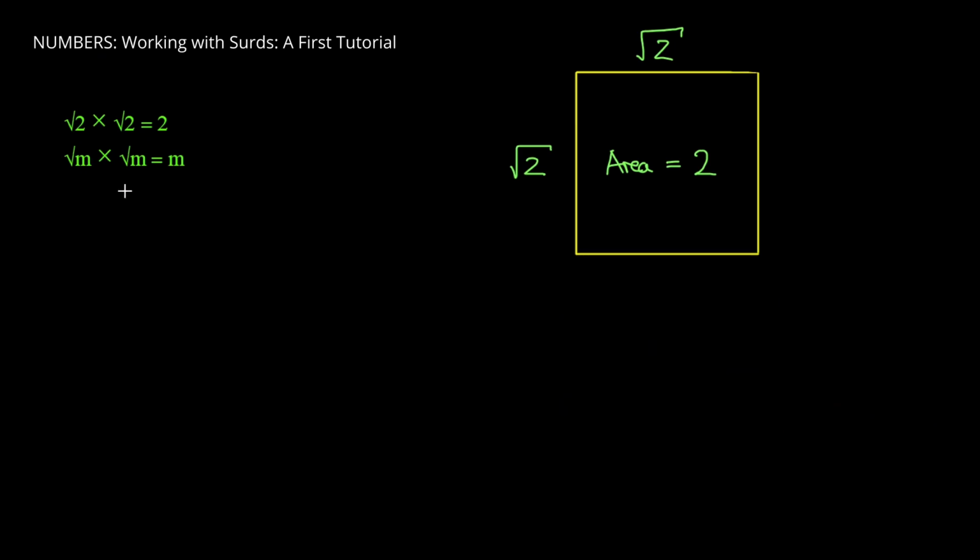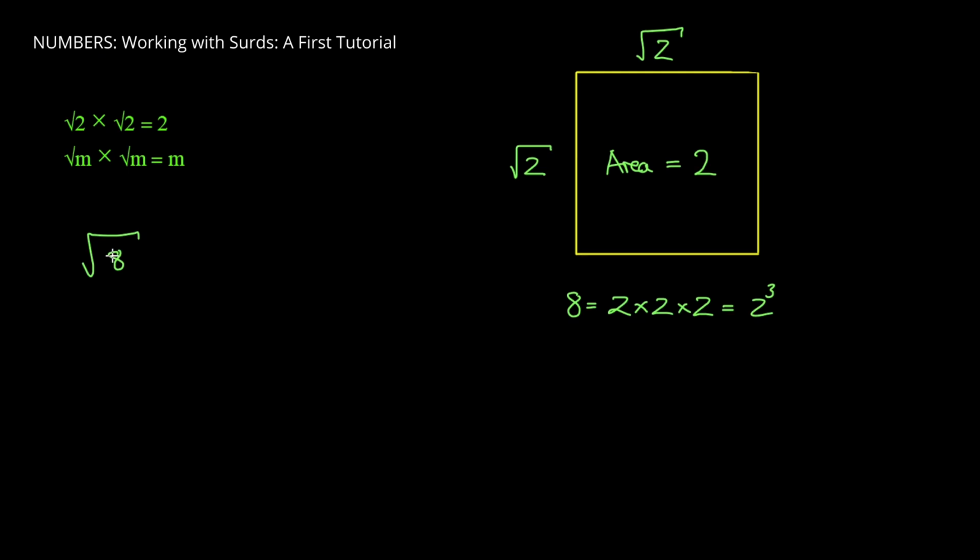Now, the next thing to have a look at is when the number underneath the square root is not necessarily a prime number. Let's have a look at the square root of 8. Now, 8, as you know, is 2 cubed, or 2 times 2 times 2. It can be written in several ways.